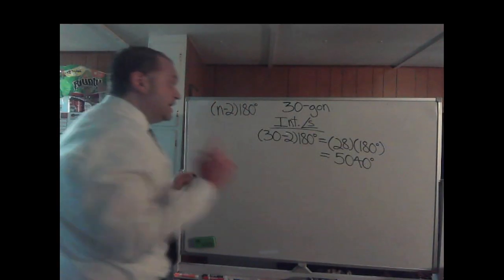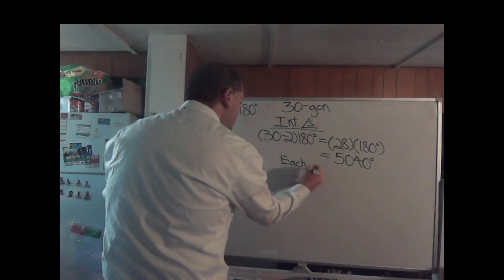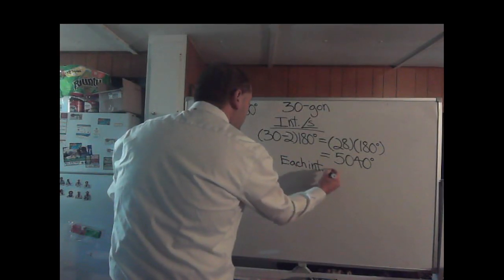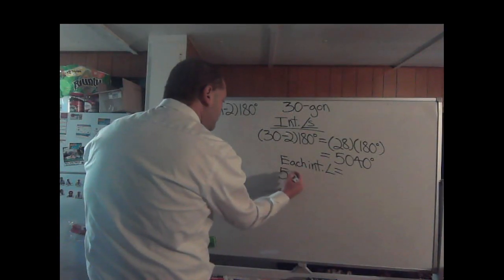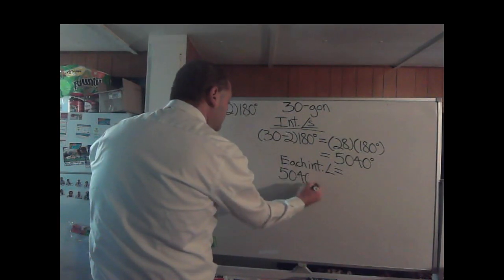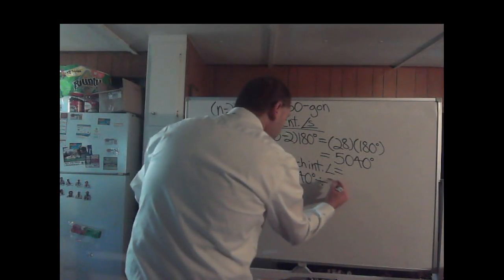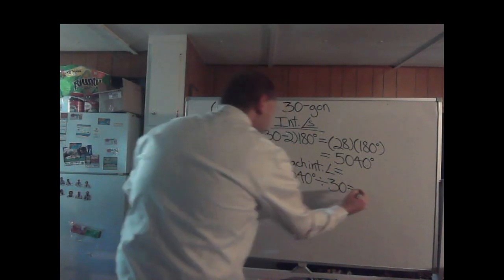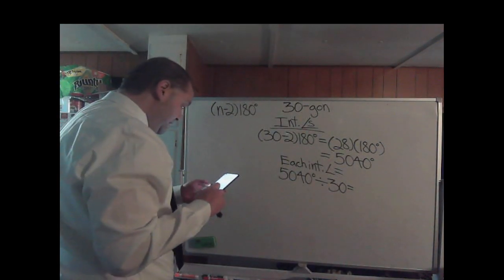Now we want to find each interior angle. So each interior angle is equal to that 5,040, that sum, divided by the number of sides you had, which was 30. So let's take 5,040 and divide that by 30.